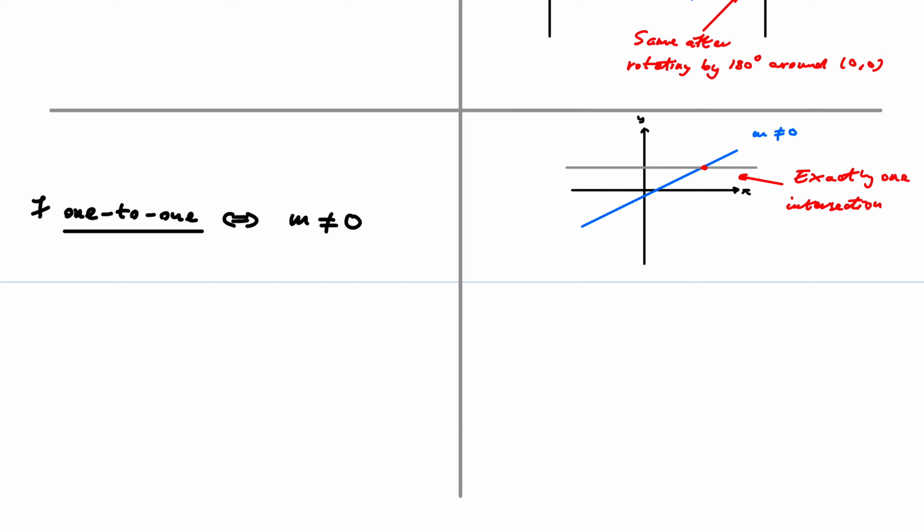So let me just show you how you'd find inverses then in this case. So let's do it by example. Imagine I have f of x is equal to 2x minus 1. So here 2 is non-zero, so this is one-to-one. So this tells you that the inverse exists.